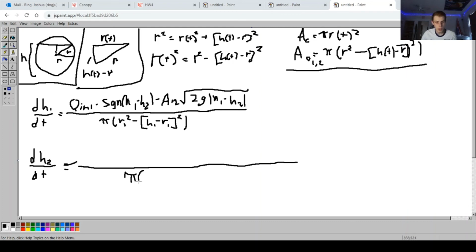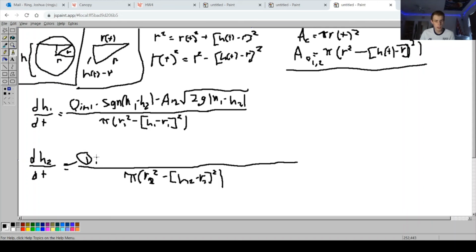So we have our pi multiplied by the second radius, which is obviously squared, and that is being subtracted from our h2 minus our R2, all of that still squared, and parentheses.